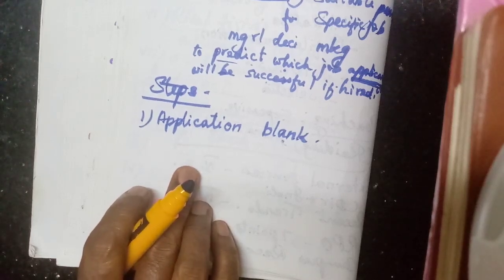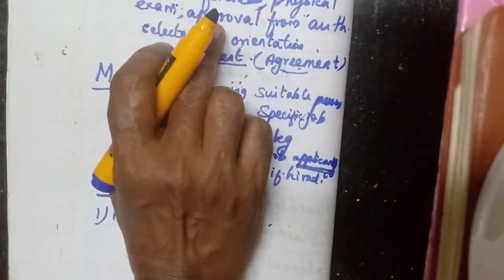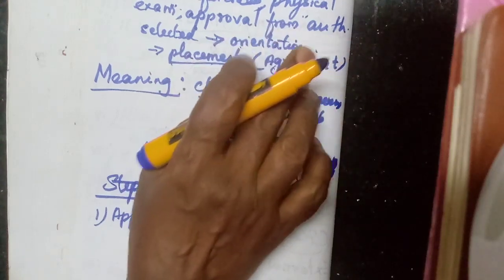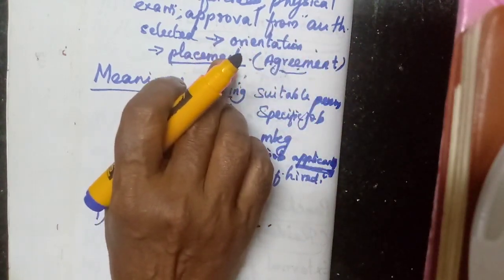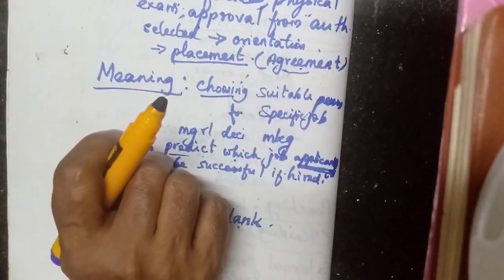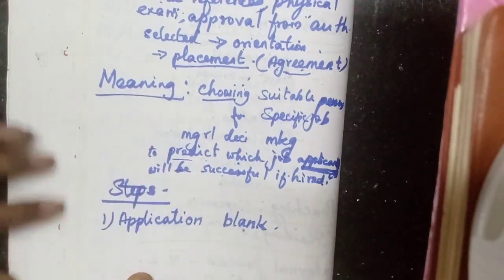Then a reference check will be done. Then the approval of the higher authority will be got. Then the final selection will be done and they will sign the labor contract, that is, the employment contract we used to say.